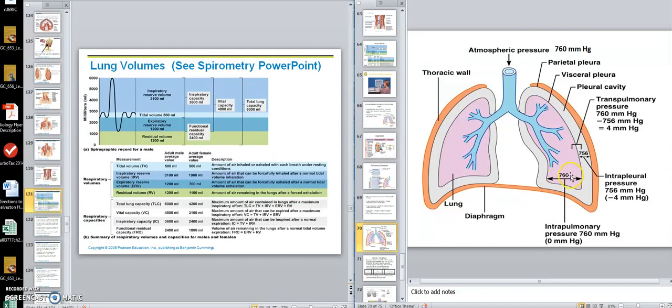Let's say I let 760 equal 0. Now, this is like a math thing. Then you would be less than 0. Just like out here, you would be less than this too. You'd be 4 less. So you have a negative pressure in here if we do it that way.